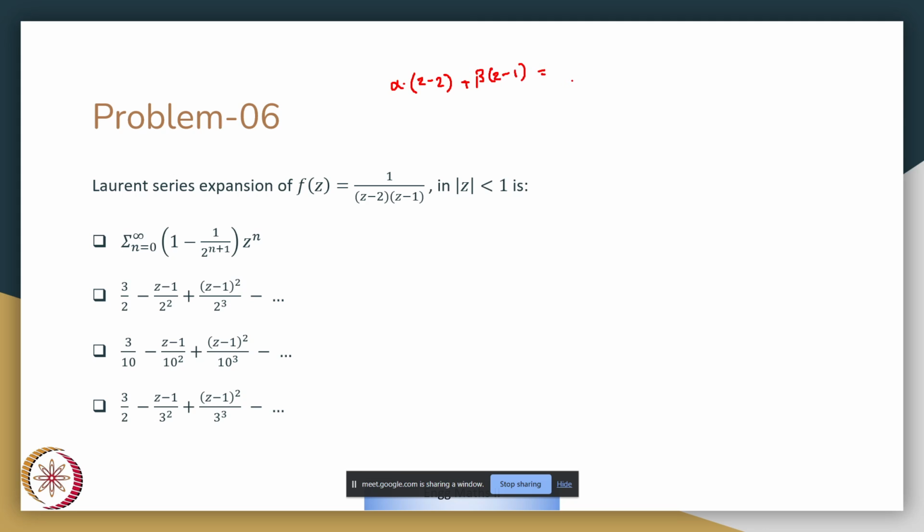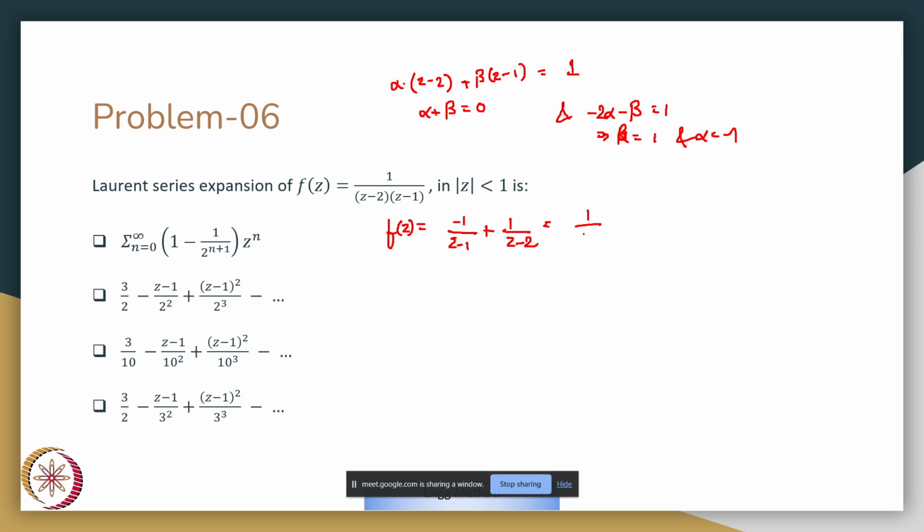This should be equal to 1, which gives us alpha plus beta is 0, and minus 2 alpha minus beta is 1, which gives beta is 1 and alpha is minus 1. Therefore, our f of z turns out to be minus 1 upon z minus 1 plus 1 upon z minus 2.